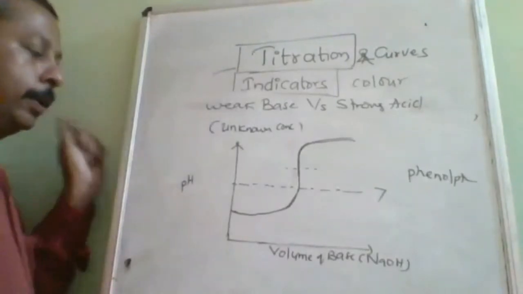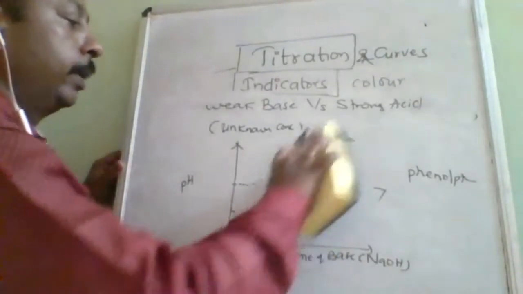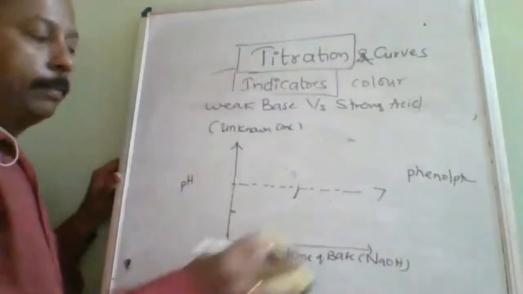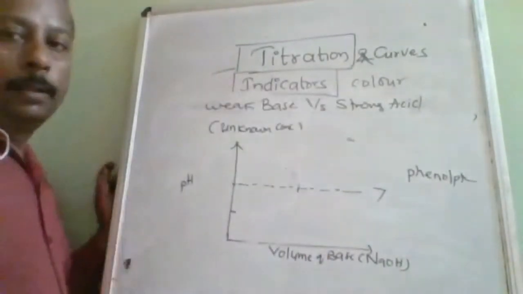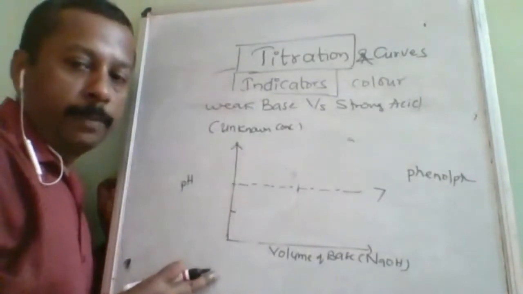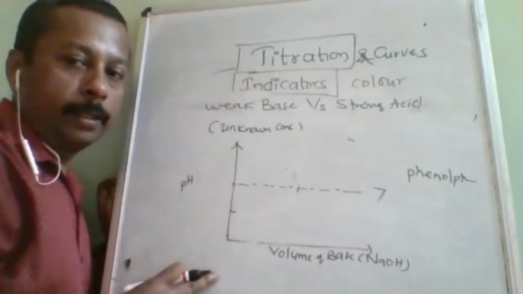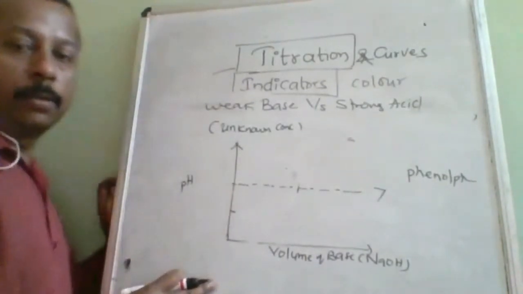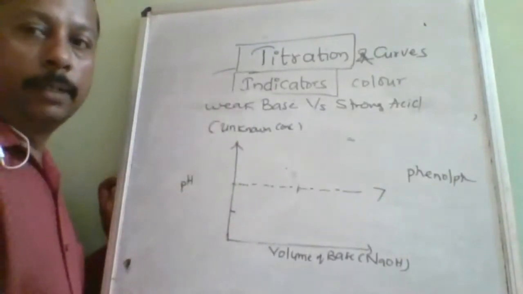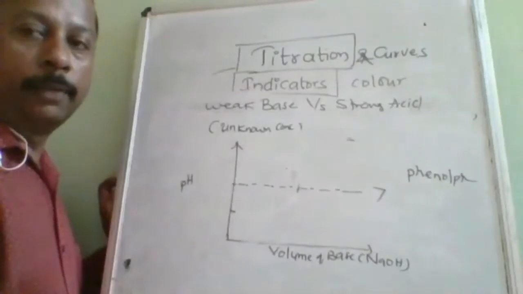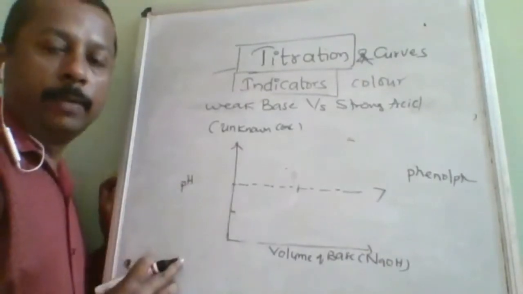Okay, I will tell you that also. Very nice. Few replies are there, but not as much as expected. Weak base. So initially the measured pH will be of a base, therefore above 7. The conical flask is filled with the base, so we will measure the pH.